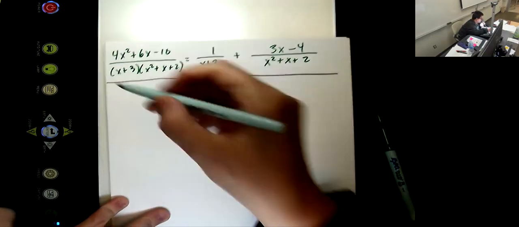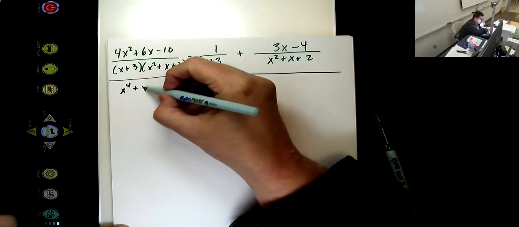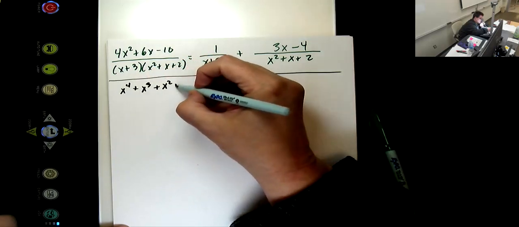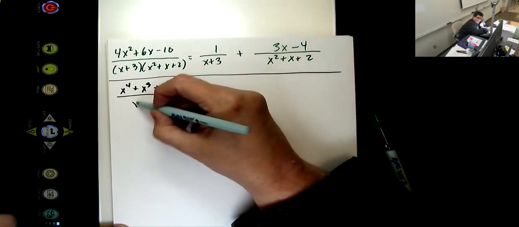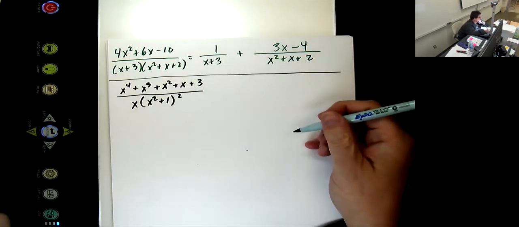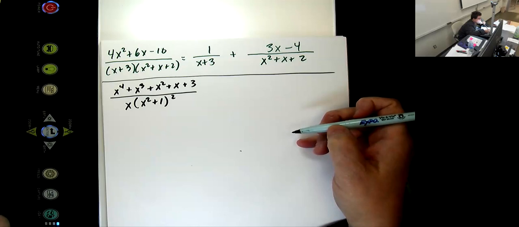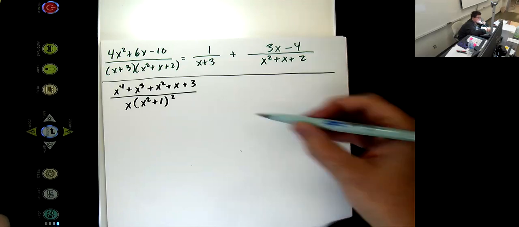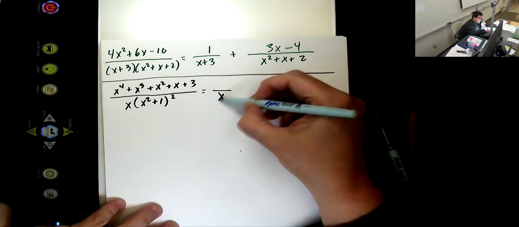Let's go big. I'm gonna have x to the 4th plus x cubed plus x squared plus x plus 3 over x times x squared plus 1 squared. So when I break it up into fractions, I have an x.